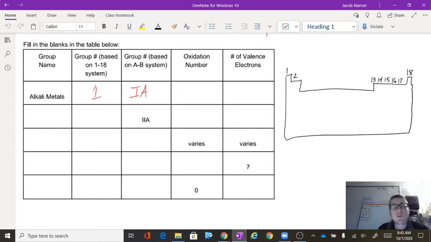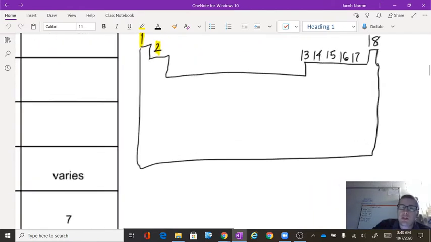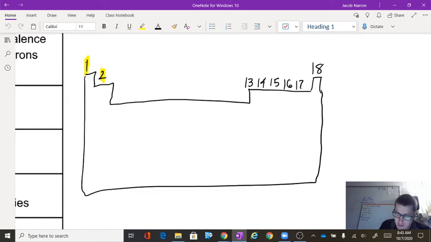In fact, you could look at the Roman numerals, and that also gives you the numbers. So group 1 has 1 valence electron. Group 2 has 2 valence electrons. Group 13 is not going to have 13, but it is going to have 3. 14, 4. 15, 5. 6, 7, and 8.